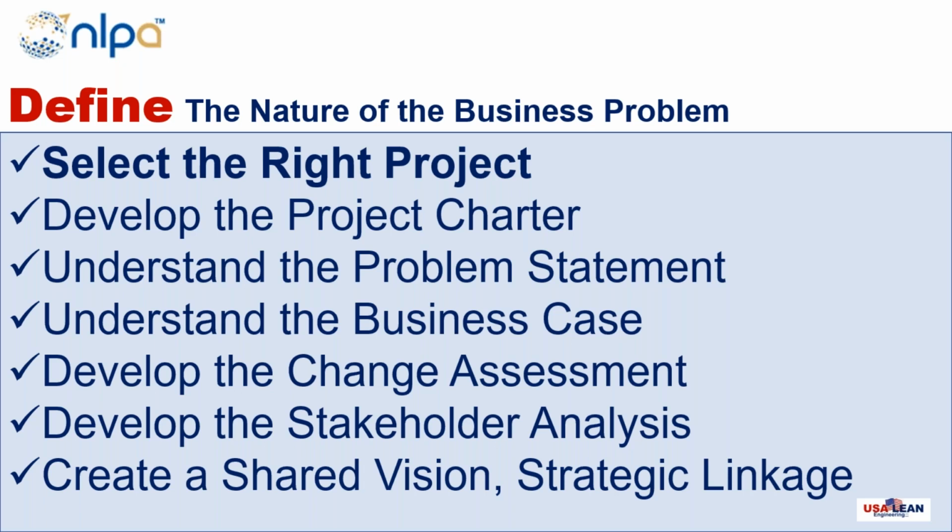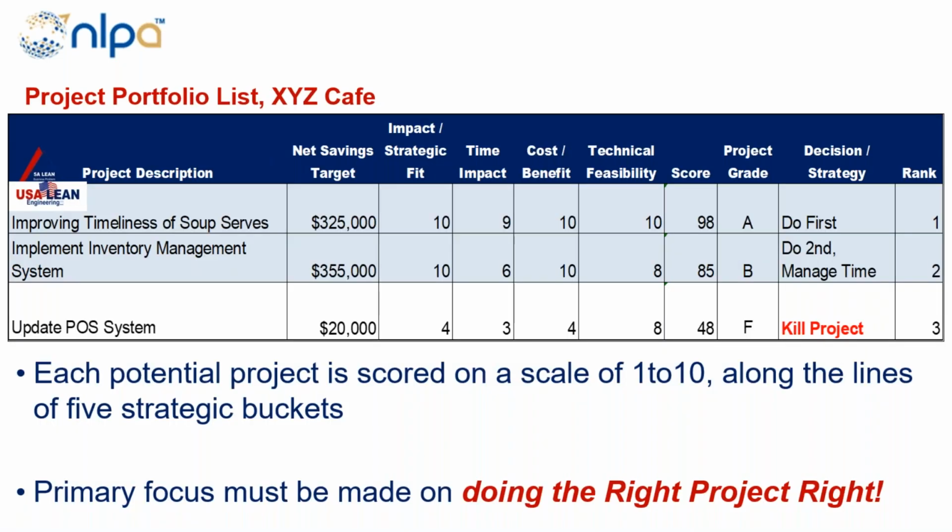We do a clear analysis, and we make sure that all projects, quality improvement projects, are aligned with our strategic mission, and there's strategic linkage, and there's a shared vision around such improvements.